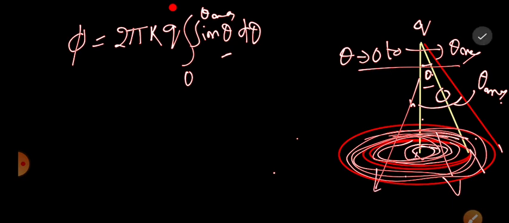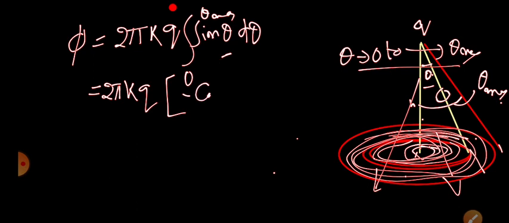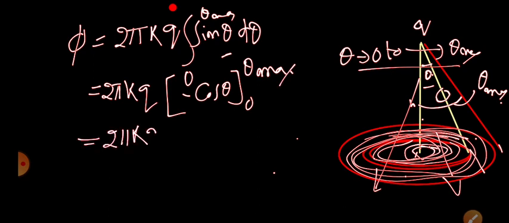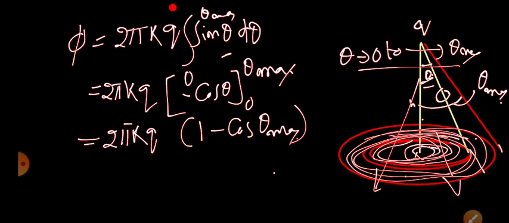So this needs to be integrated, and this is very simple. We got 2 pi kq and the integration of sin theta equal to minus cos theta from 0 to theta max, and this is equal to 2 pi kq into 1 minus cos theta max, where theta max is the semi-vertical angle. This is phi.